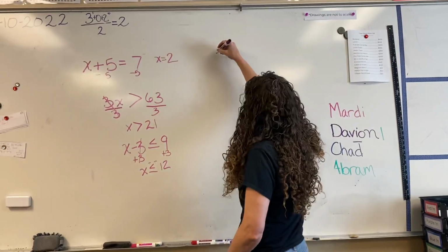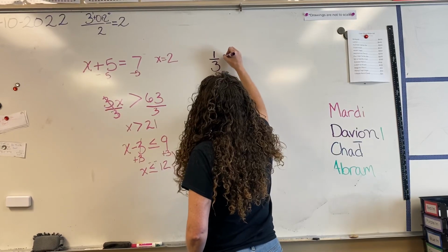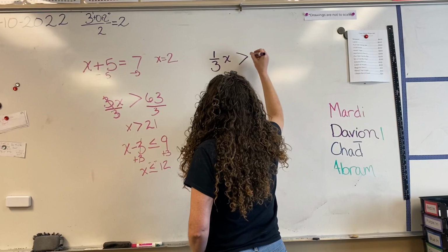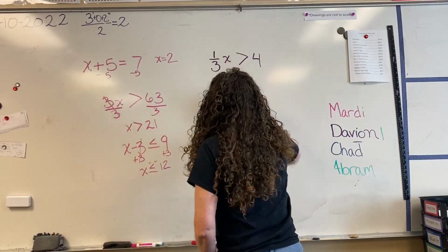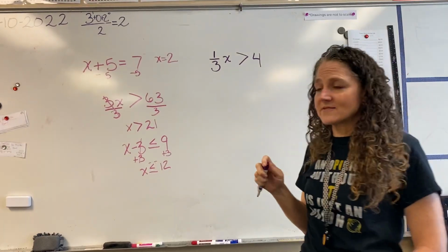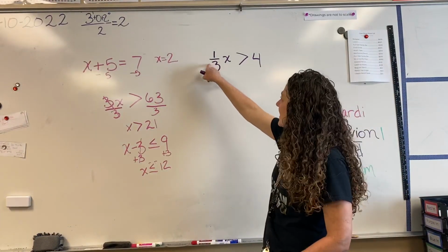What if I have a division one? What if I have 1/3 times x is greater than 4? What undoes division? Multiplication. So what am I gonna multiply by? Here I divided by 3.